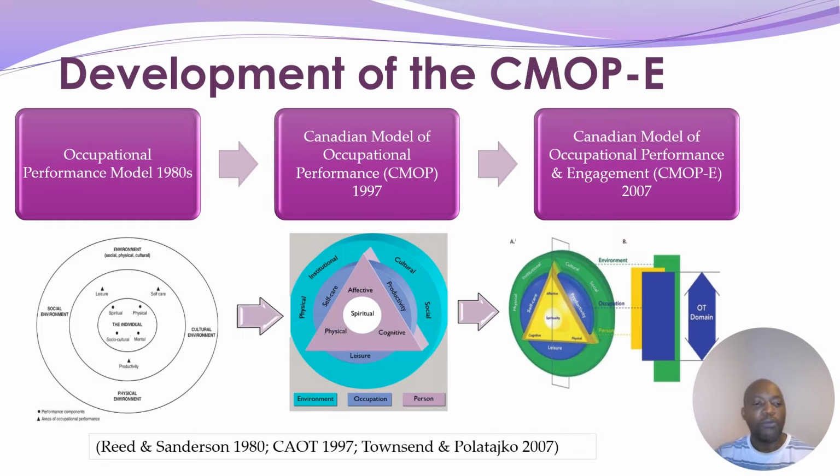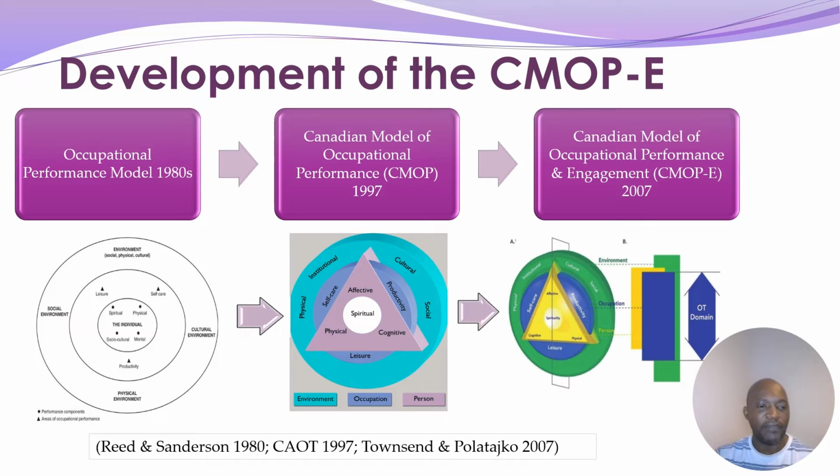As we know, most of our occupational therapy conceptual models are represented by a diagram. The OPM, or the Occupational Performance Model, in the 1980s, was basically a simple diagram of three circles, as you can see on the image on the left side.